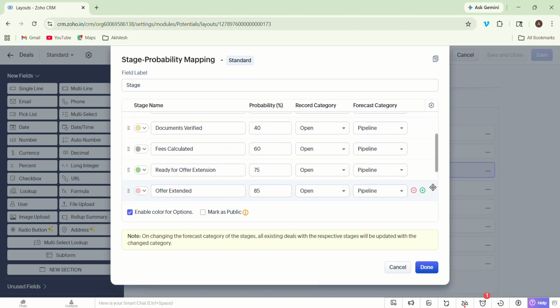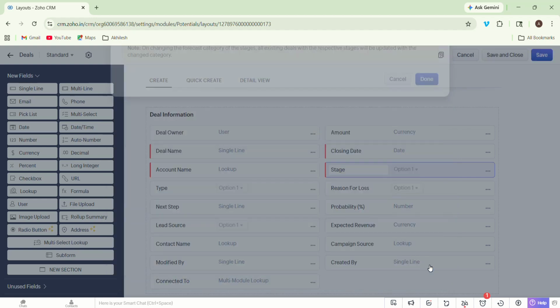Student enrolled, all these things. Now this is your CRM's first part which you have done. You have built these 8 stages. Each one is a real milestone, each one with a probability that reflects actual conversion rate at that point in the journey. This is not a CRM setup, this is your revenue architecture.